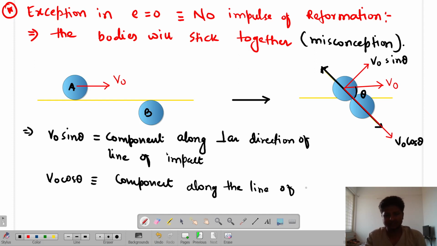So the first task is to understand what is this line of impact.